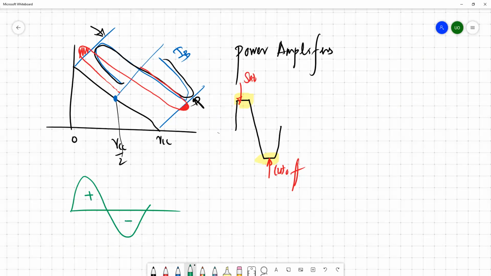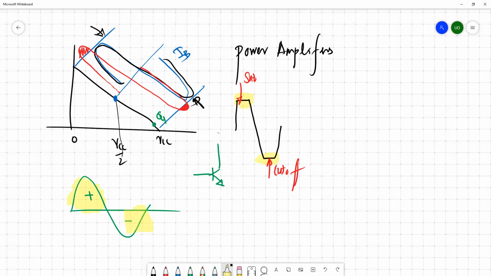We place the Q point of the first transistor close to cutoff and apply the positive cycle. We are not taking any information from the negative cycle. We just focus on the positive cycle and apply it to one transistor, Q1, which is biased close to the cutoff.